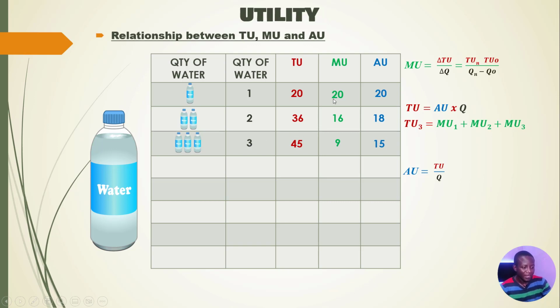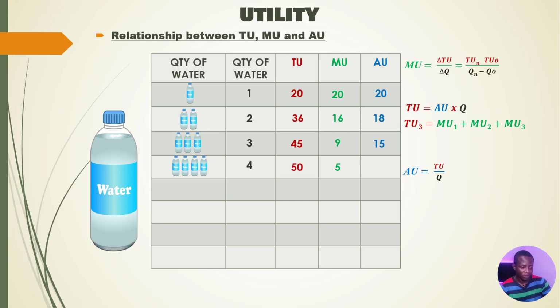So you realize that as you keep increasing the number of bottles of water that you are consuming, your marginal utility keeps decreasing. So if you are to continue with it, you pick a fourth bottle of water and then you assign it a utility of 5 utils. So with the 5 utils, our total utility in this case is going to be 50.